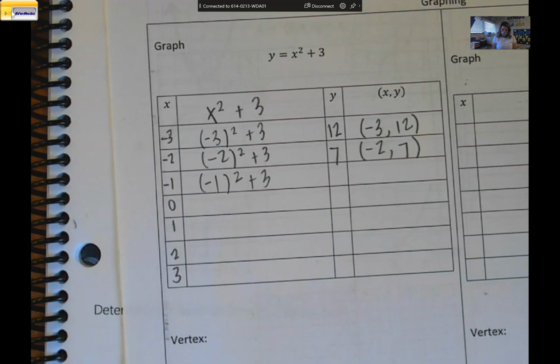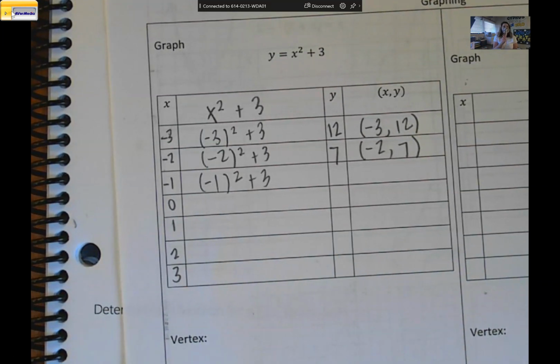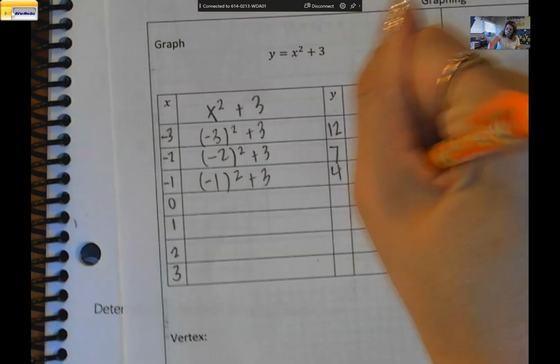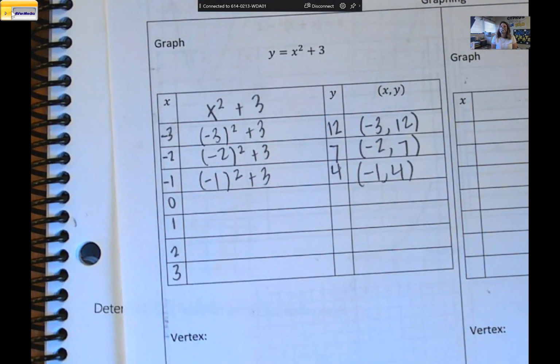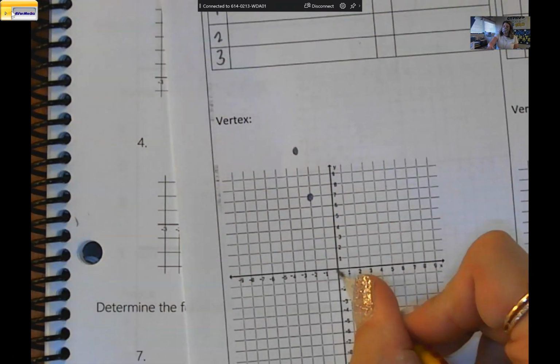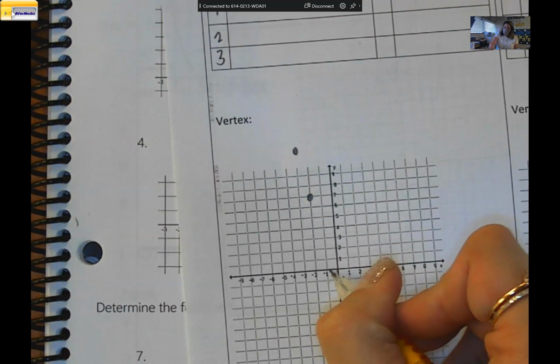She learns at home. Hopefully you can answer that. Jaden. No, Jaden. Elijah. 4. So plug in a -1, get out a 4. So down here, we start at 0, 0, because that's where we always start at the origin. We go to the left 1, and then up to 4.